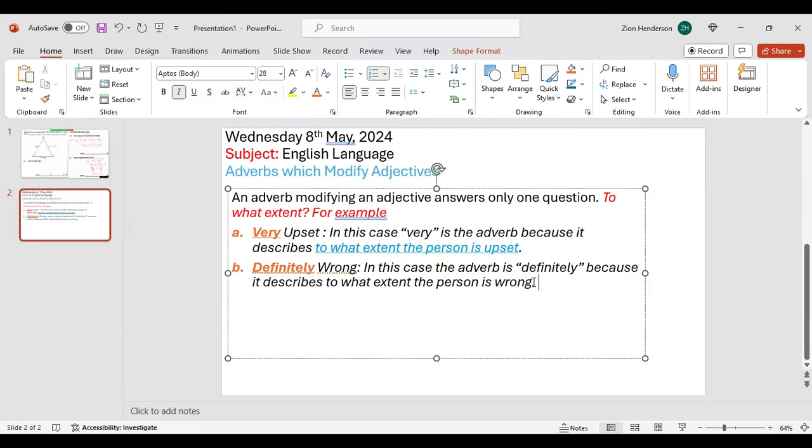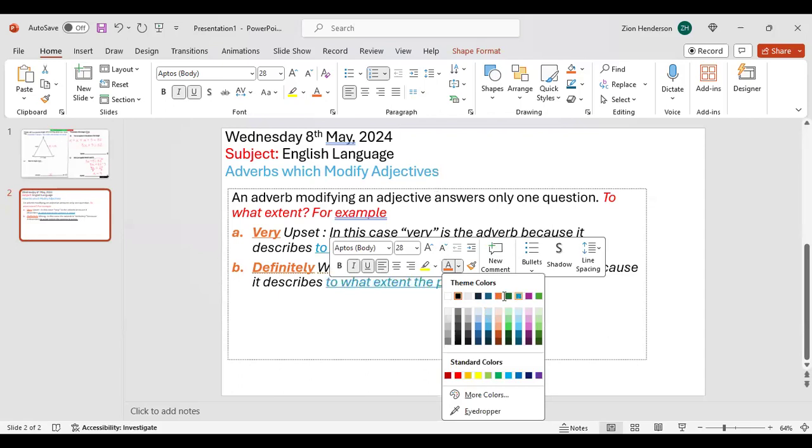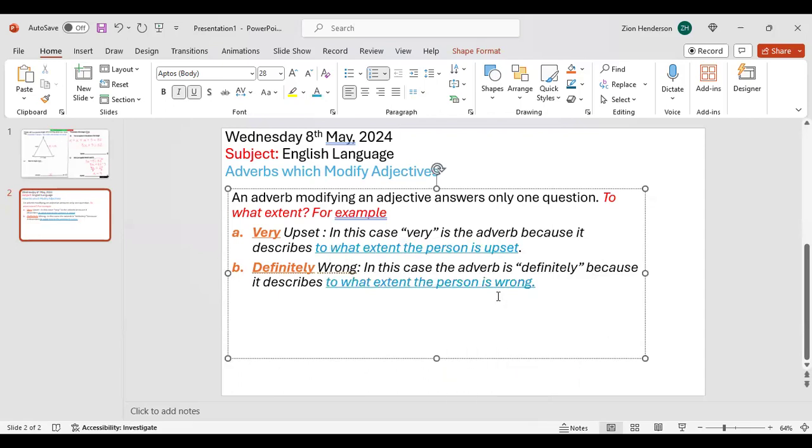All right. To what extent? They're not just wrong, they're definitely wrong. All right.